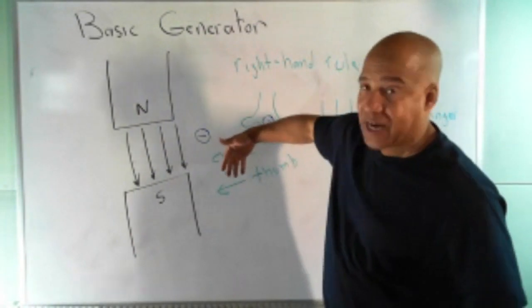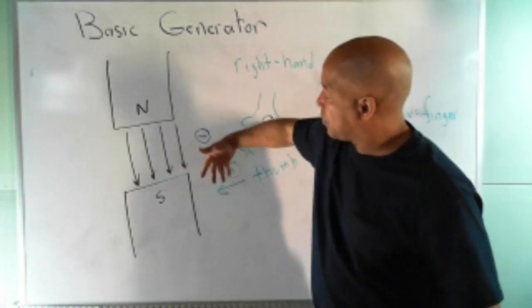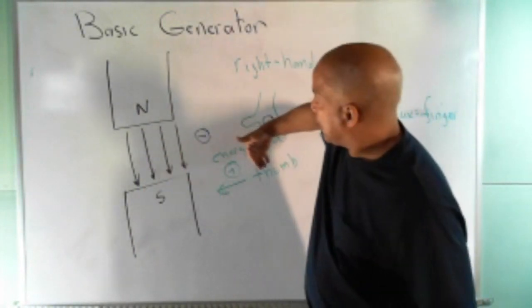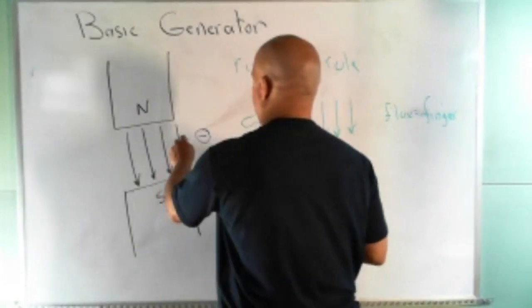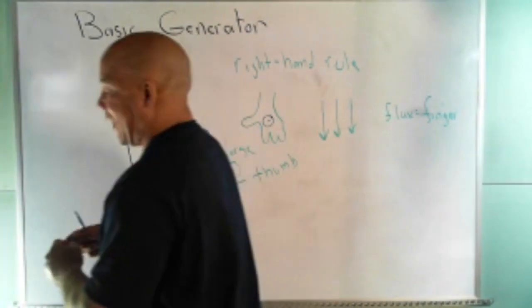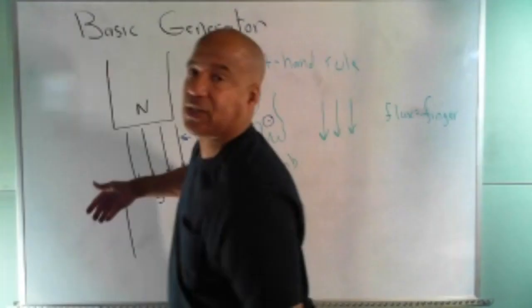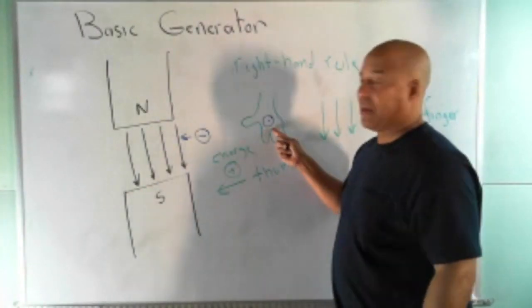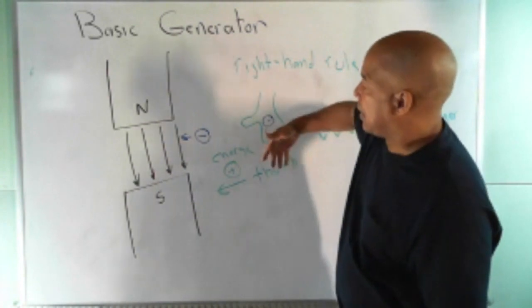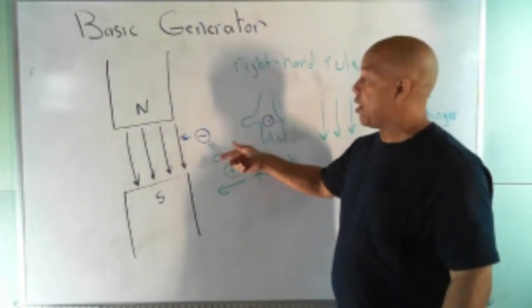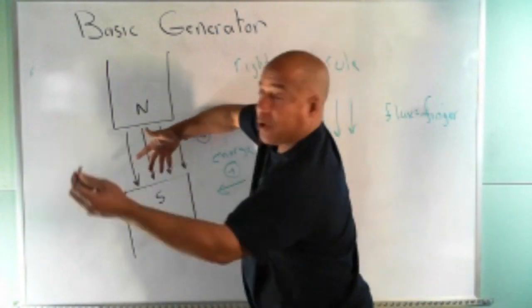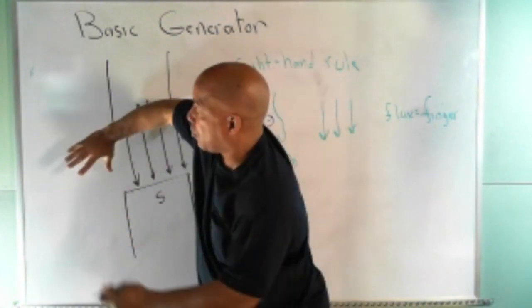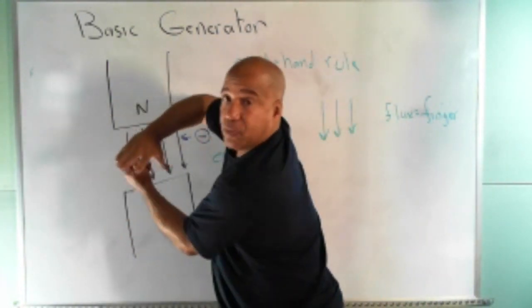The point is, my fingers represent the flux. The charge is moving that way, so it's moving into the field like this. When it gets in the magnetic field, the direction of the force on the charge is given by the palm of my hand. So when I'm moving this way, the force is towards you. If I turn it the other way, now the force is into the board.